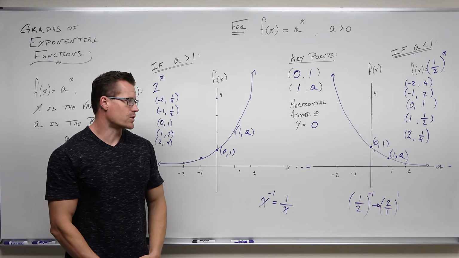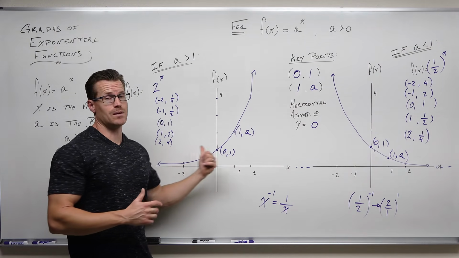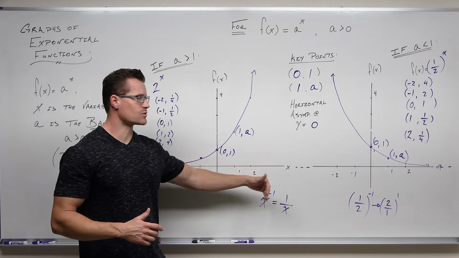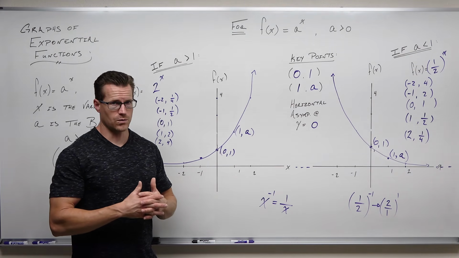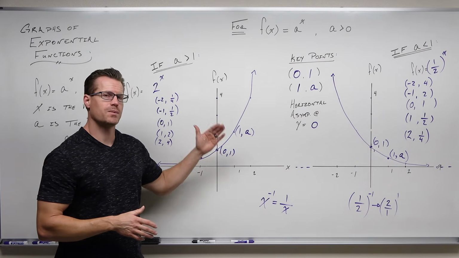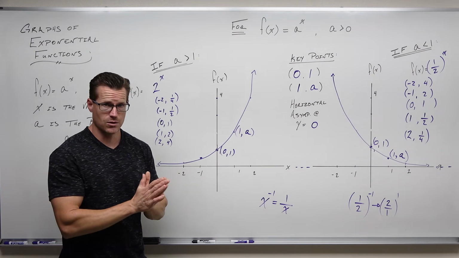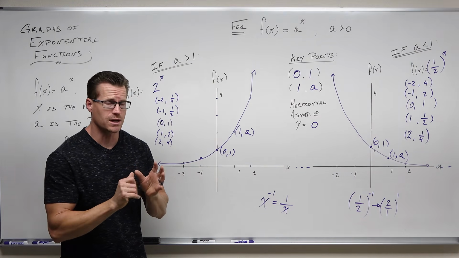Other than that, our domain for our exponentials, you should see this. You can plug in any number. We plugged in 0, we plugged in positives, we plugged in negatives. There's nothing wrong with this. Your domain, you can plug in anything, all real numbers. Your range is not all real numbers. Your range is strictly positive. You cannot get out 0 and you cannot get out negative numbers from an exponential before you shift it.